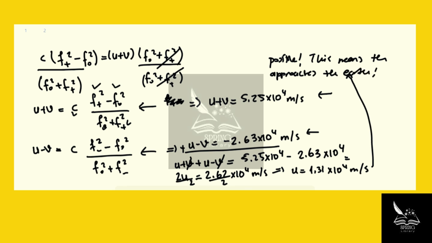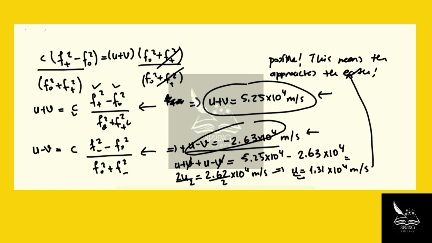Now we know u. Either you use this first equation or the second equation to get to v immediately, right? We can do that. So we said that u plus v was 5.25 times 10 to the power of 4 meters per second, and we found out u was 1.31 times 10 to the power of 4 meters per second.